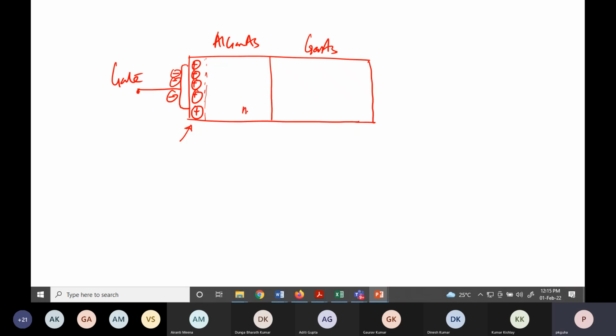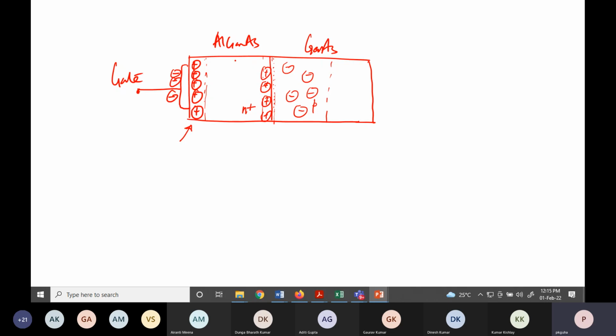Now this is N plus or N plus plus region, and this is a very lowly doped P region. So there will be an additional depletion region which is because of the PN junction. Of course there is a notch here at the interface.